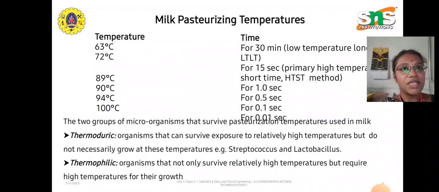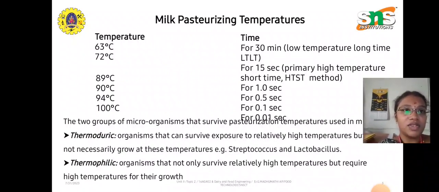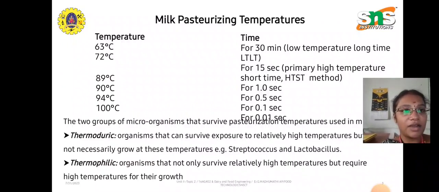The temperatures are 63 degrees Celsius for 30 minutes, which we call the LTLT method of pasteurization. 72 degrees Celsius is also used, called the HTST, that is, high temperature short time method of pasteurization, for 15 seconds. 89 degrees Celsius is done for 1 second, 90 degrees Celsius for 0.5 seconds, 94 degrees Celsius for 1 second, and 100 degrees Celsius for 0.01 second.